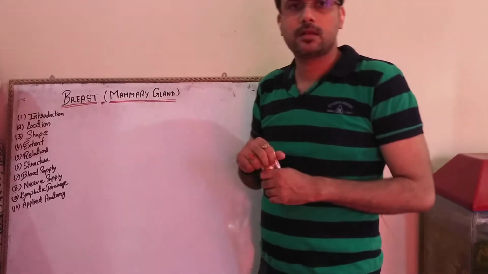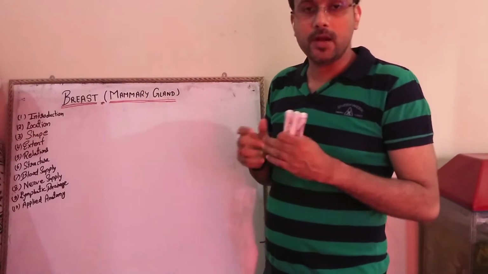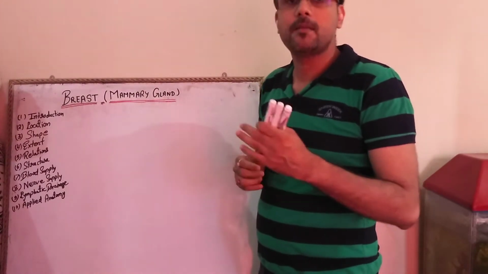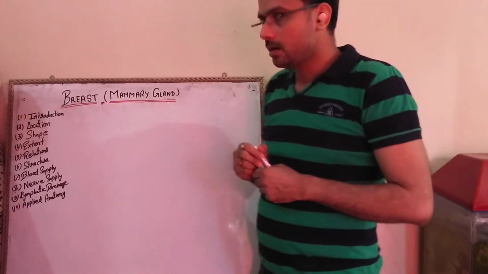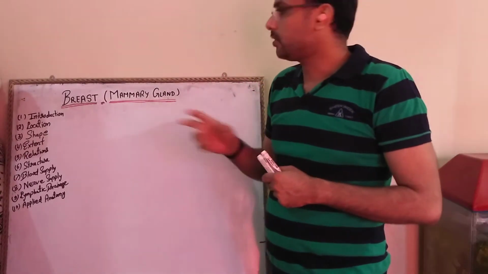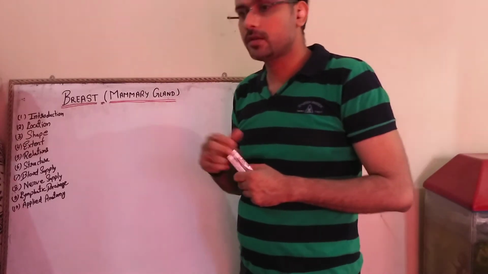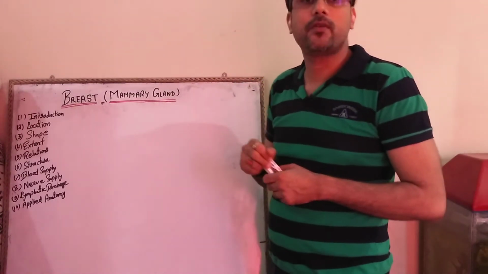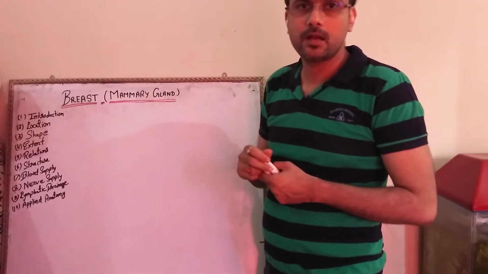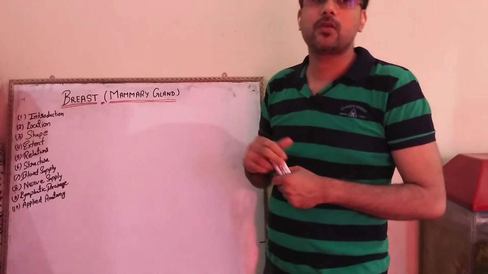The breast is present in both sexes, but it is rudimentary in males, and in females it is well developed at the age of puberty. But in some conditions there is enlargement of the breast in males, and this condition is known as gynecomastia.